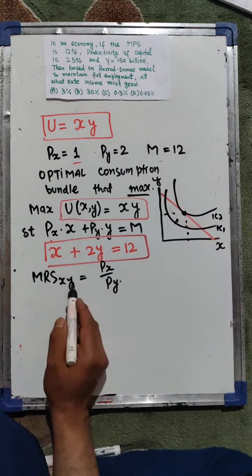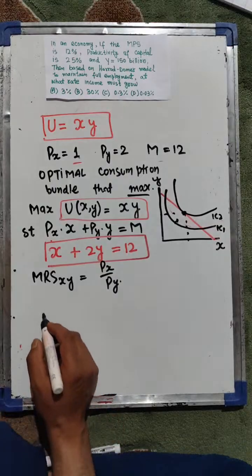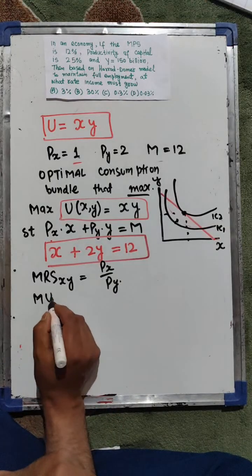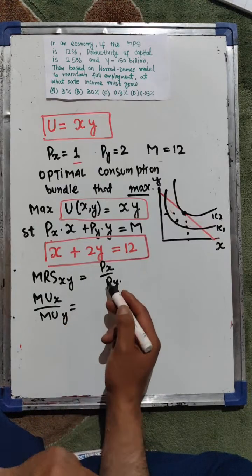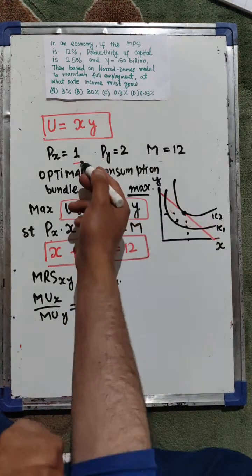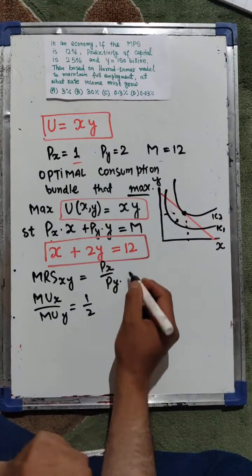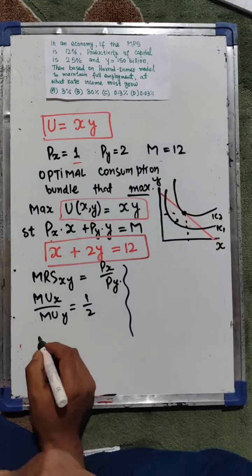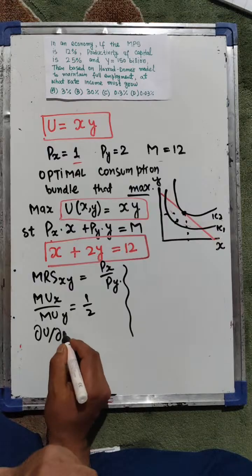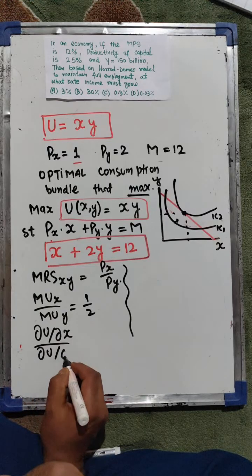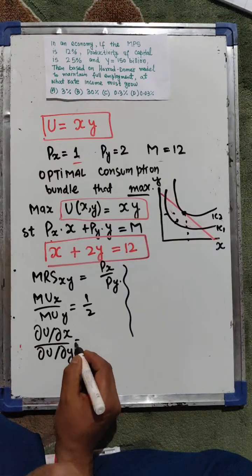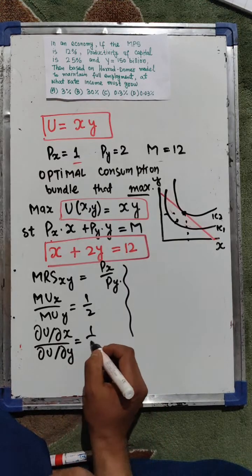Okay, so MRS is simply the marginal utility of good x upon marginal utility of good y. It should be equal to the price of x and price of good y, so we have 1 upon 2. MUX means the partial derivative of the utility function with respect to x. MUY means the partial derivative of the utility function with respect to good y. Okay, should be equal to 1 upon 2.